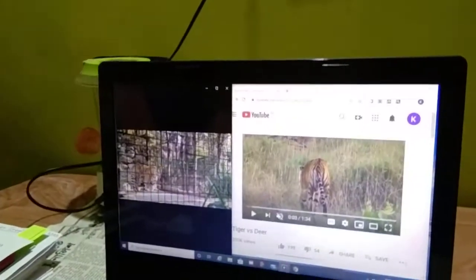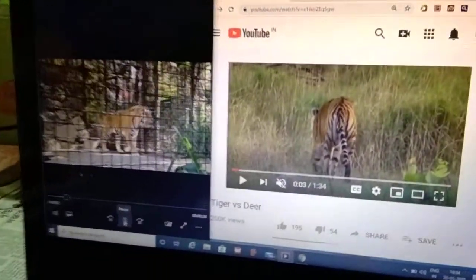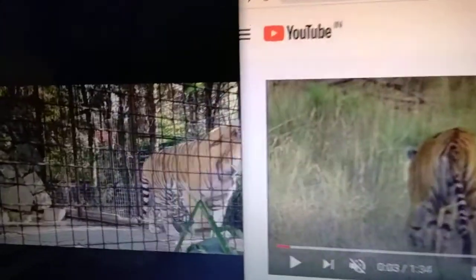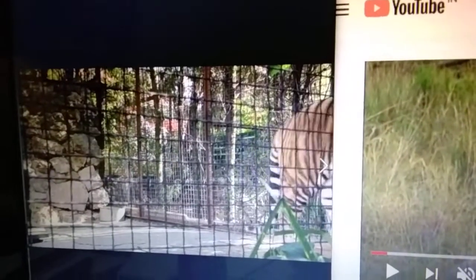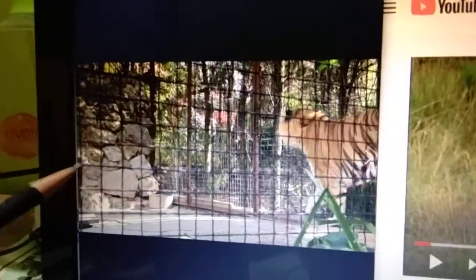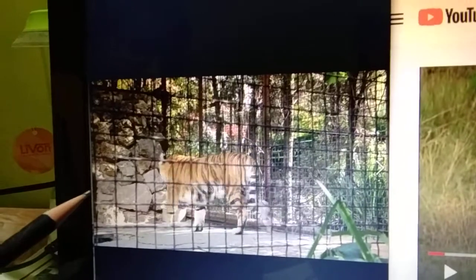Now, let us come to the poem. Before that, I want to show one video. Just look here. In this poem, there is a comparison between two tigers. Here you see on my computer screen, what is this?